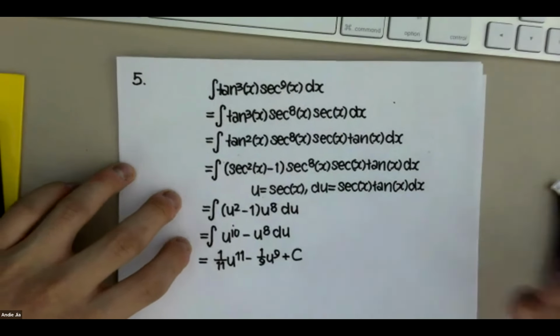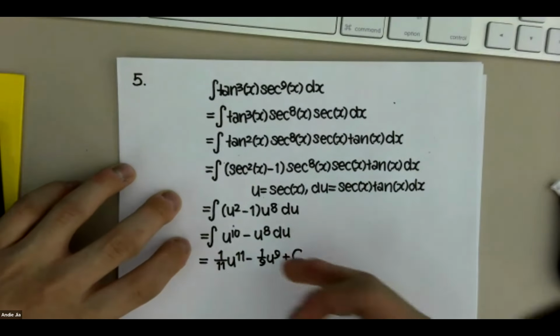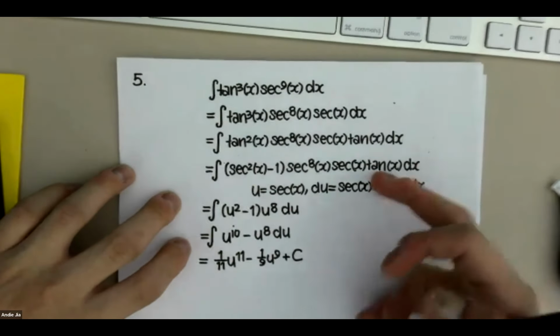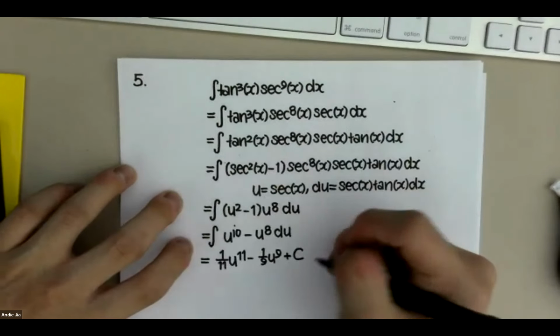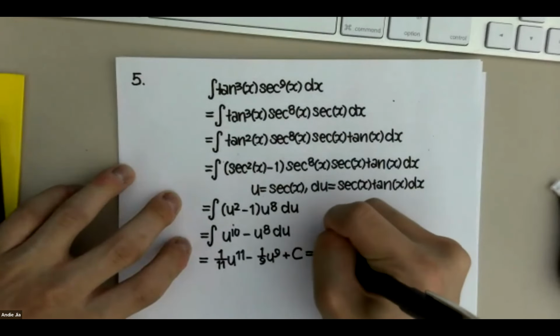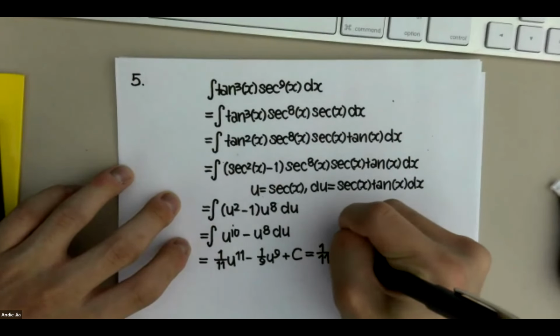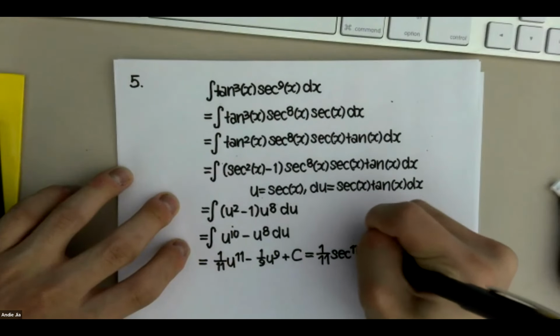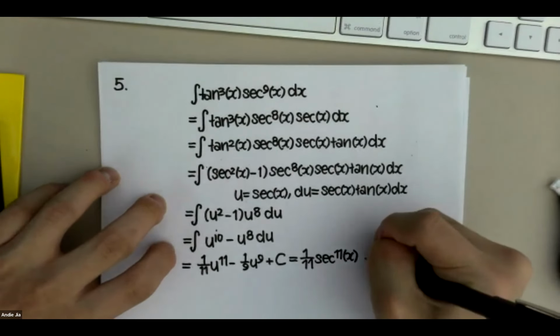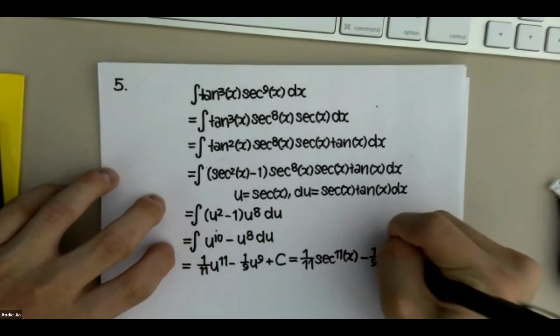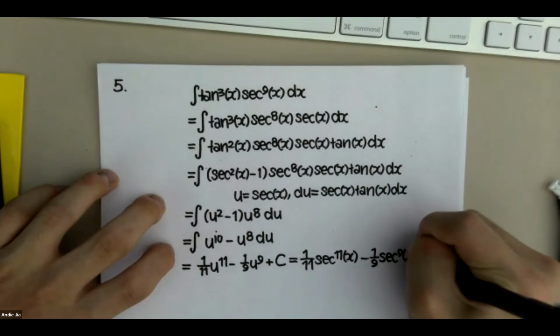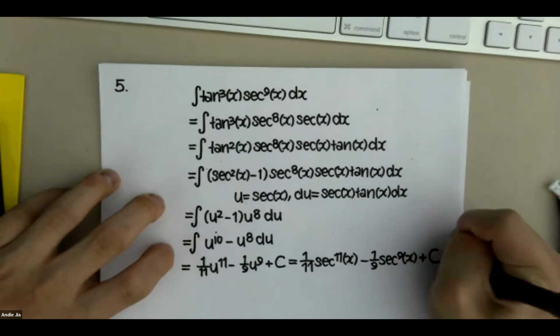Since this is an indefinite integral, after the integration we just replace u. So the final answer will be 1 over 11 secant to the 11 of x minus 1 over 9 secant to the 9 of x plus the constant of integration.